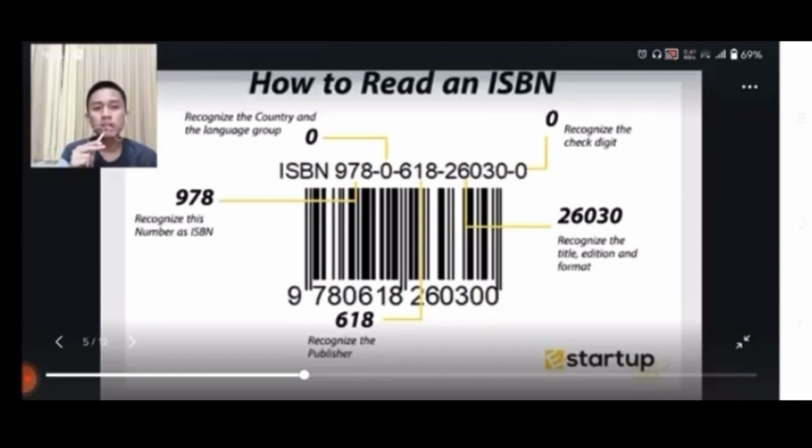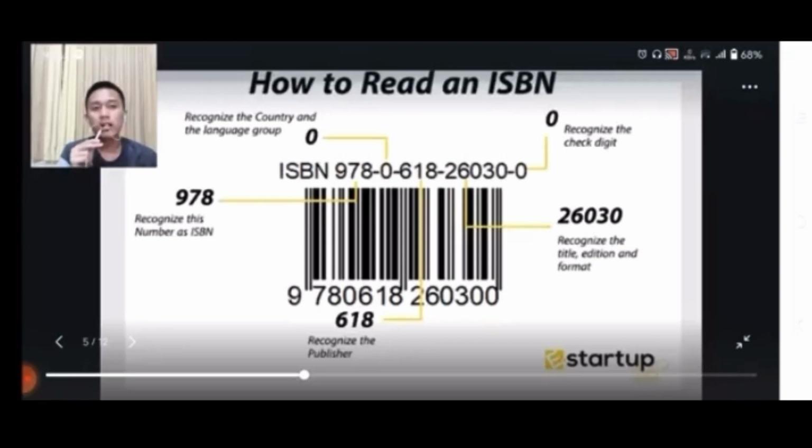Let us begin with the first section, the digits 978, which recognize this number as an ISBN. We can tell that this number is an ISBN if it starts with the digits 978.